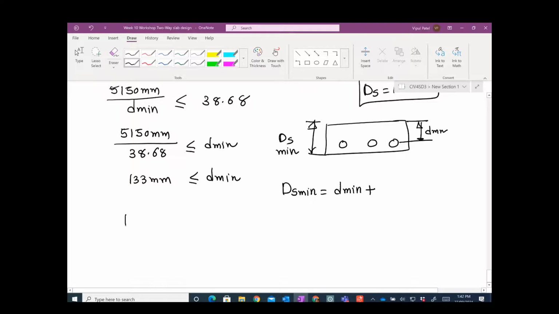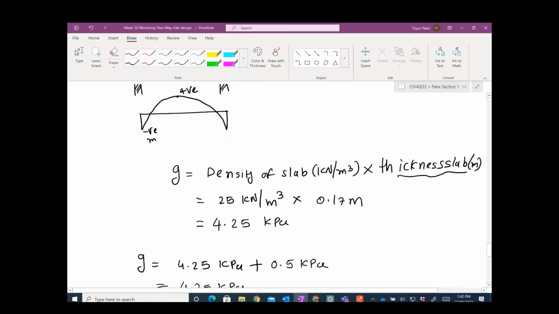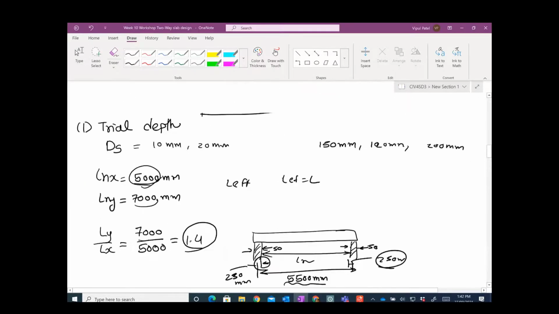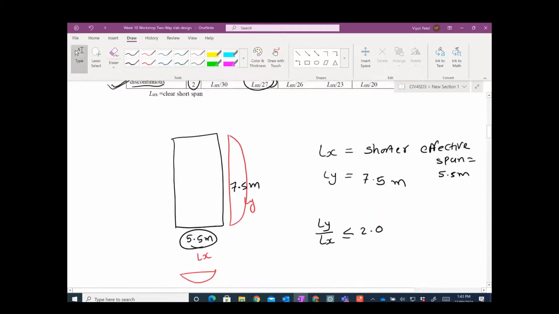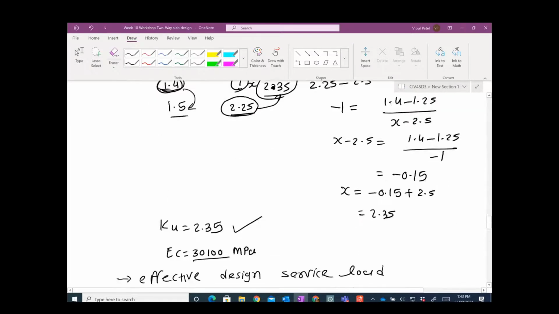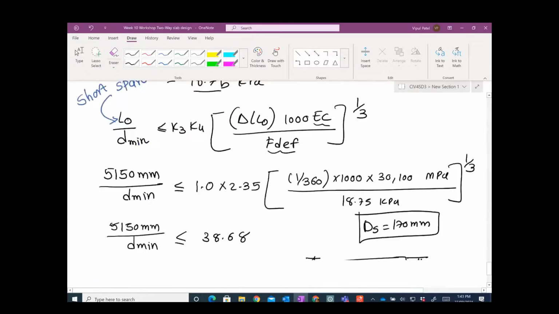We are going to use N12 bars, so that is plus 6 millimeters, because we need to add this 6 millimeters. And there was a cover of 25 millimeters that is given in our example.